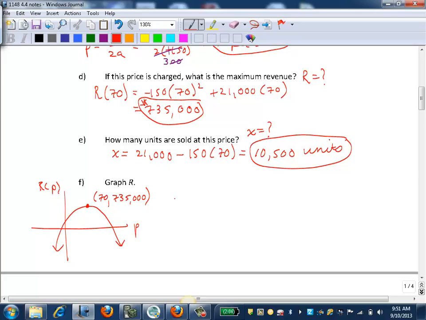And if you want to make a note of the viewing window that you use, so if you go back in your notes, you can reproduce this on the calculator. Remember, we did an x min of 0, an x max of 140, and we increased the scale to 10. And then our y min was 0, our y max 750,000, and our y scale 100,000. Again, just an example of a window. There's certainly lots of other possibilities.